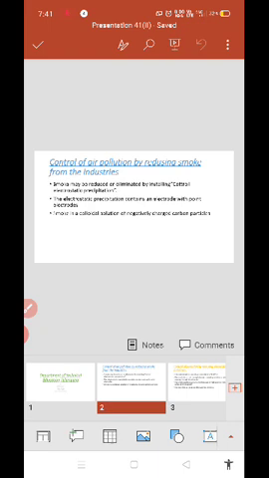Smoke is a colloidal solution of negatively charged carbon particles.